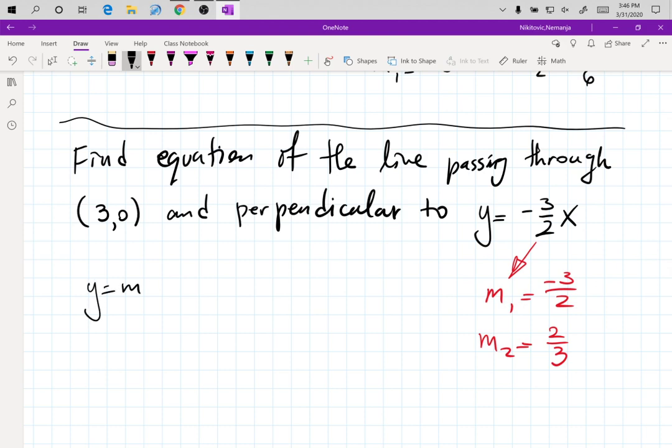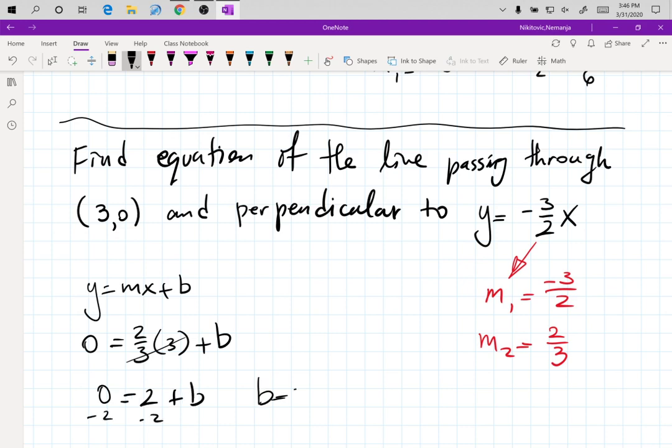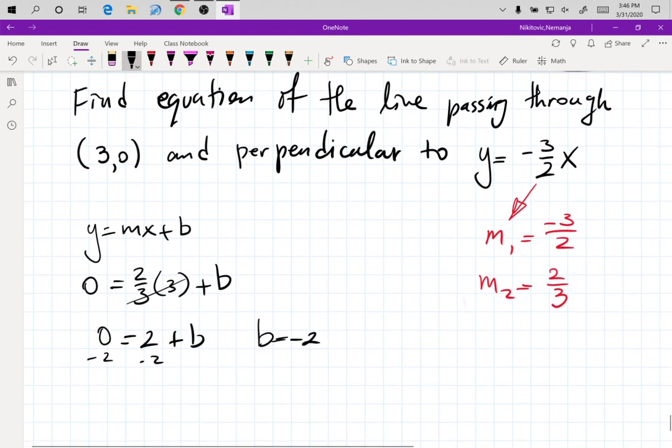So y equals mx plus b, y is 0, m is 2/3, x is 3, plus b. The 3 is cancelled, so 0 equals 2 plus b. Take away 2 on both sides, b equals -2. So what's the equation? y equals 2/3 x minus 2.